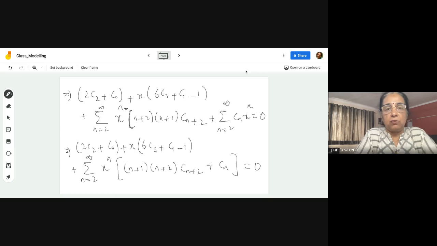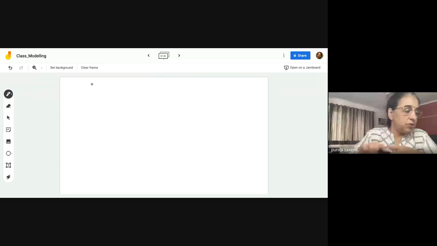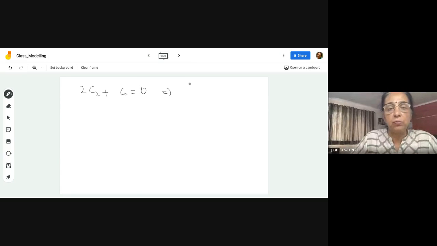Okay, so now you can equate each term, and what you are getting now is the first term will give you that 2c2 plus c0 is equal to 0, which means c2 is equal to minus c0 by 2.